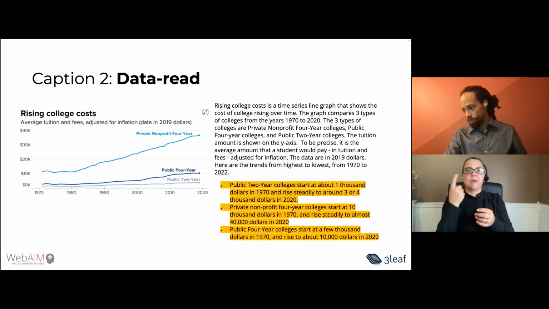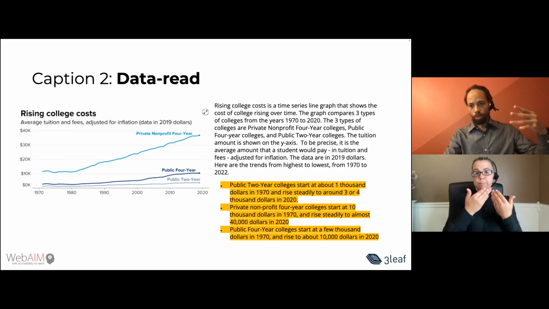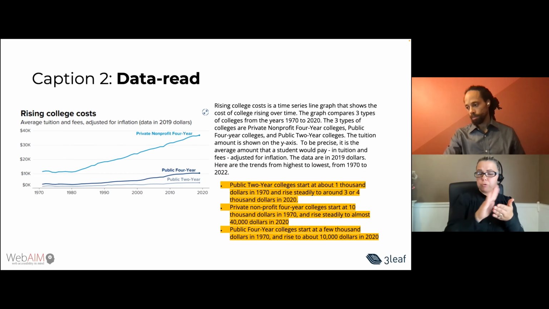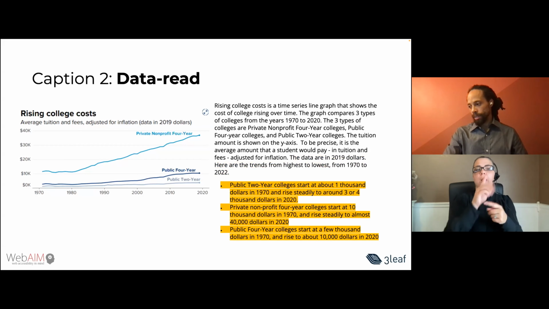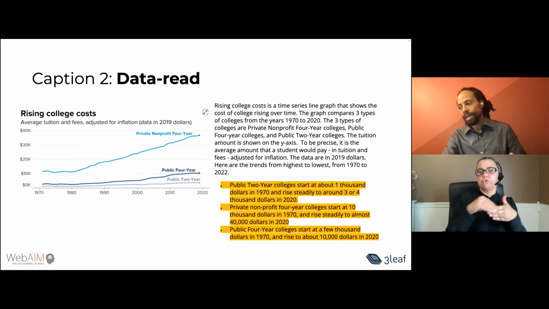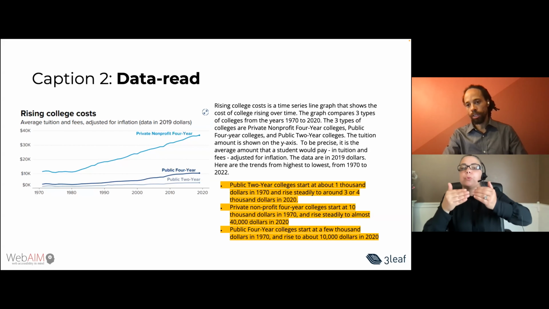So we've got public 2-year colleges. Here I'm going to read through 3 points that represent the 3 lines. Public 2-year colleges start at about $1,000 in 1970 and rise steadily to around $3,000 or $4,000 in 2020.